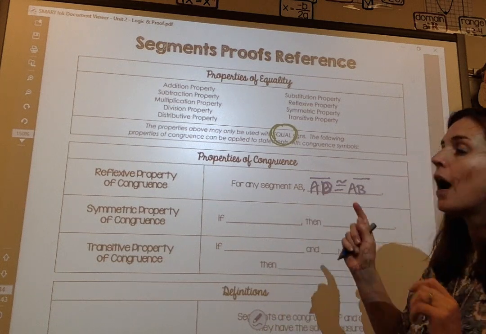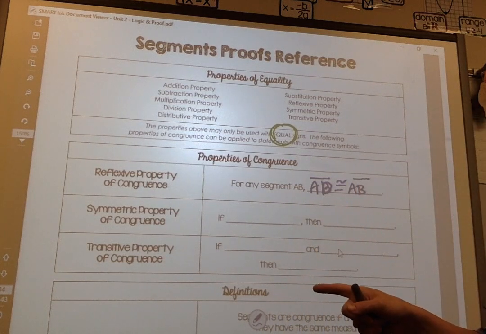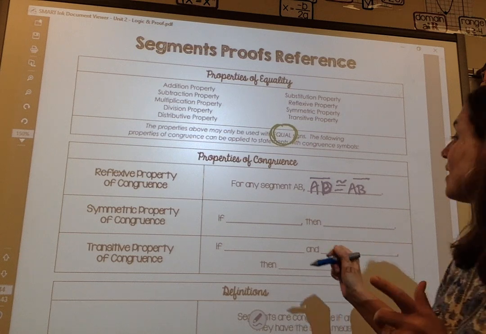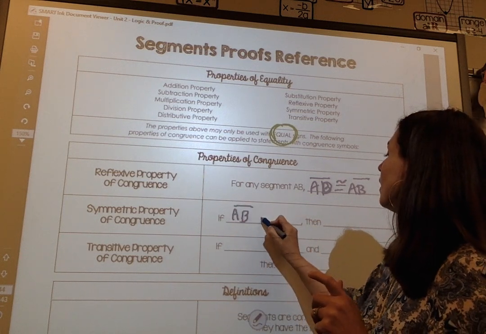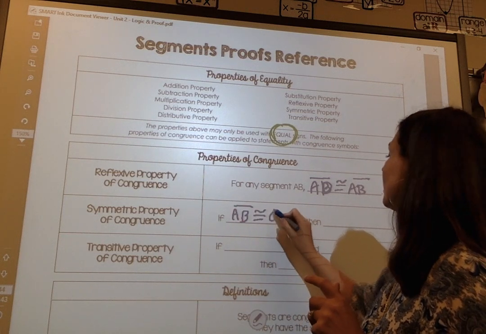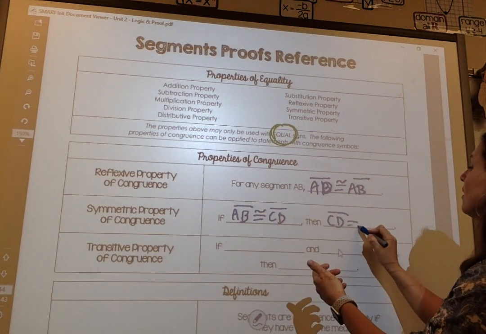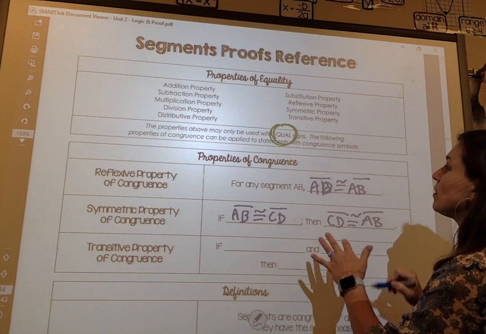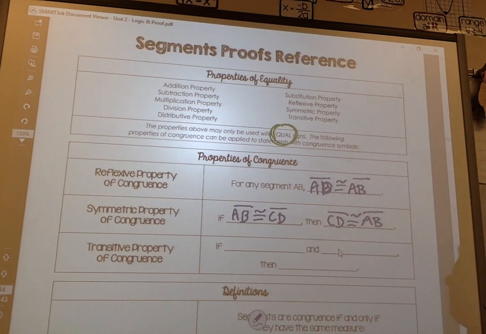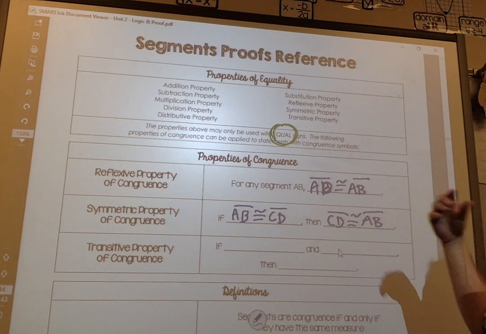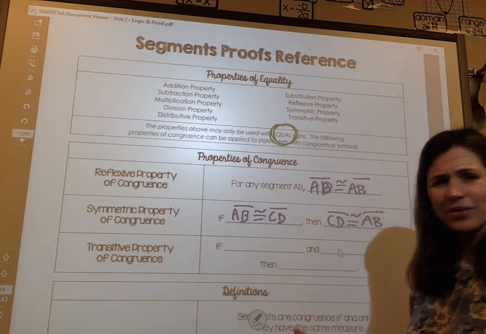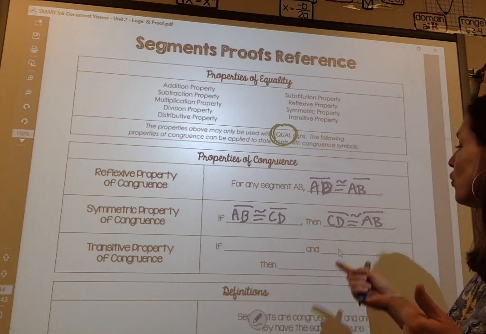Hello, here we are. All right, so the symmetric property of congruence says that if AB is congruent to CD, then CD is congruent to segment AB. And notice the congruency signs. Transitive property.